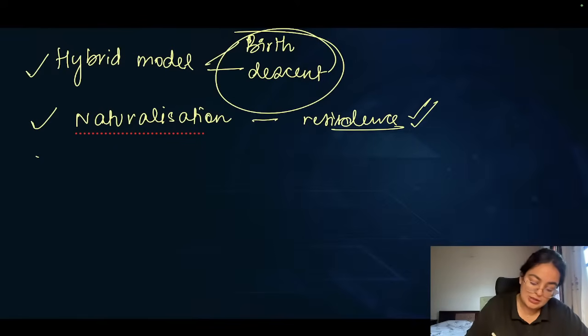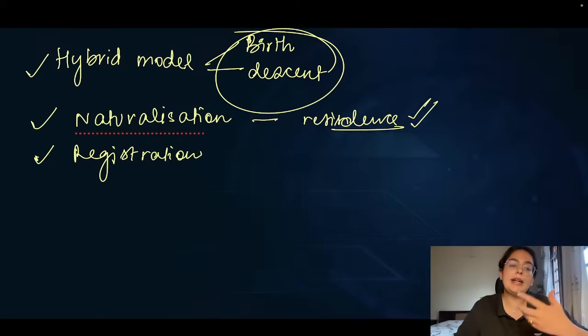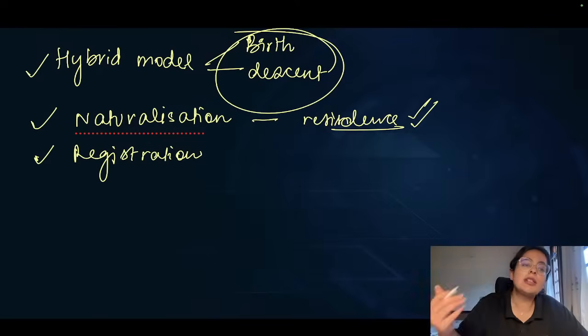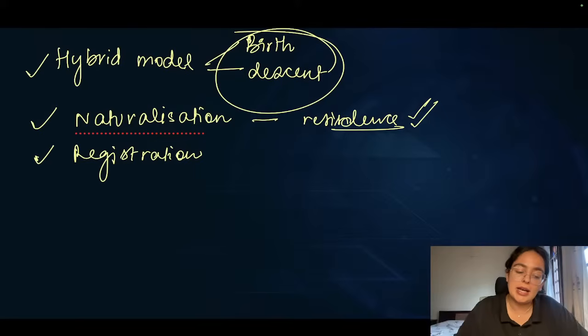It also provides citizenship based on registration. For example, if your spouse is an Indian citizen, you become eligible to get citizenship based on registration. The technicalities are not required for you, at least for mains answers. And they do not ask so in depth when it comes to prelims as well.